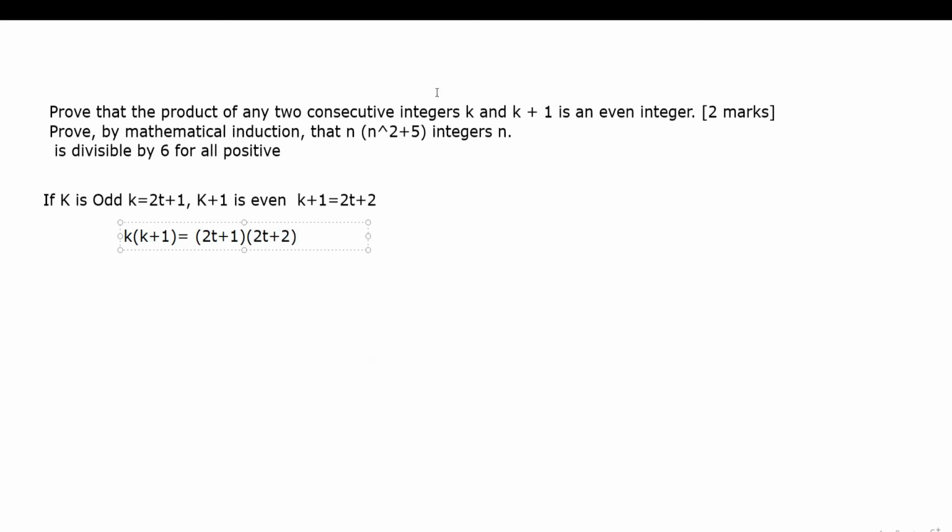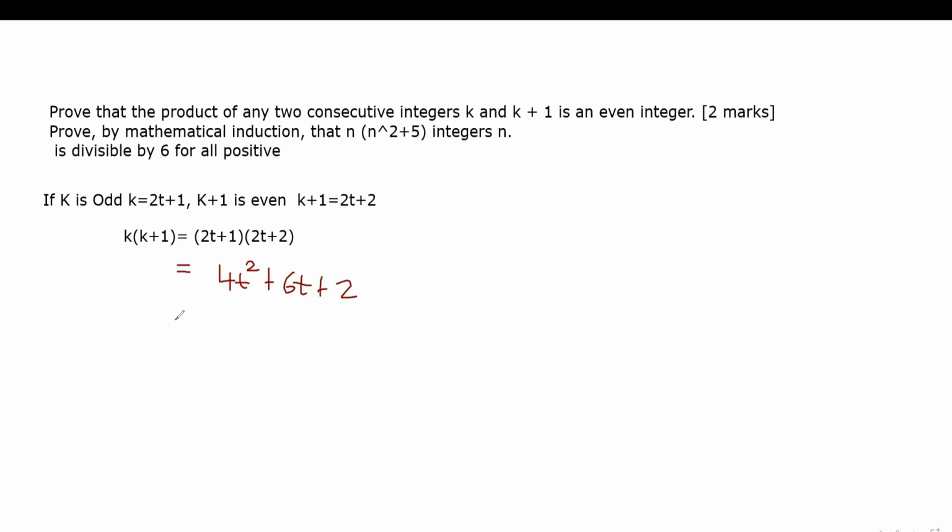Now all we have to do is expand the brackets. We're going to get 4t squared, plus 4t, plus 6t in total, and then 2 times 1 is 2.